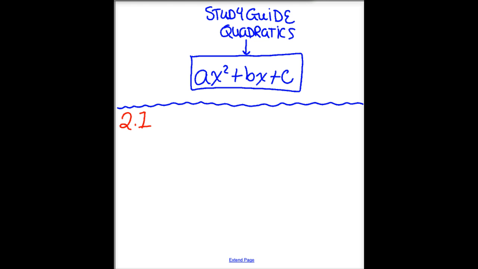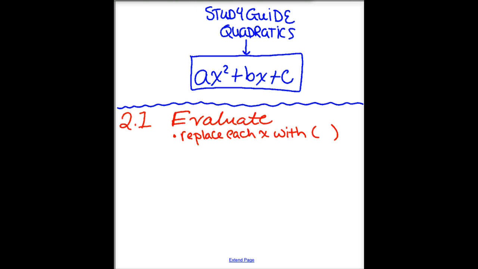The first thing we did is we evaluated. So when you're evaluating, what you need to do is replace each x with a set of parentheses.